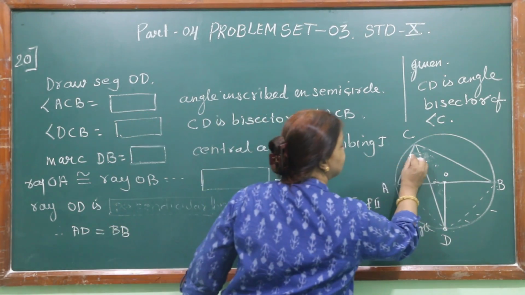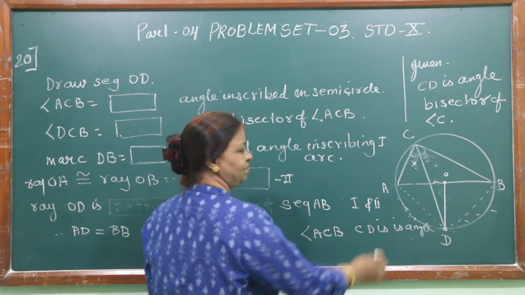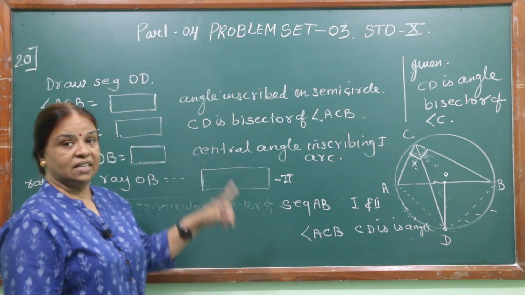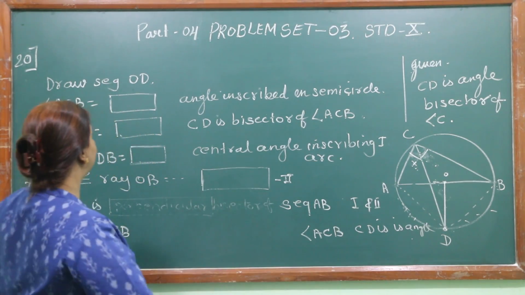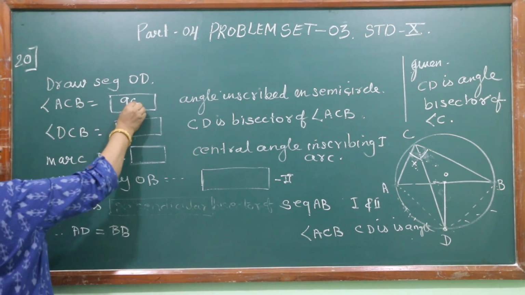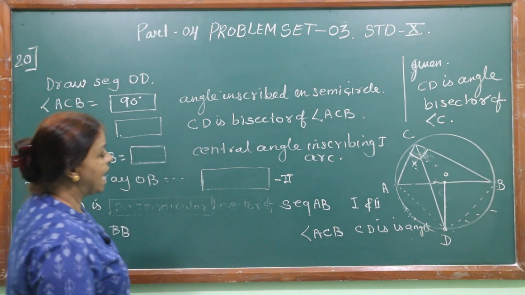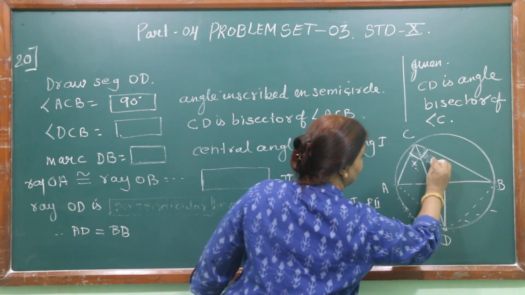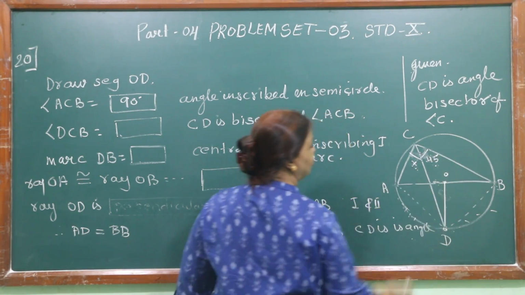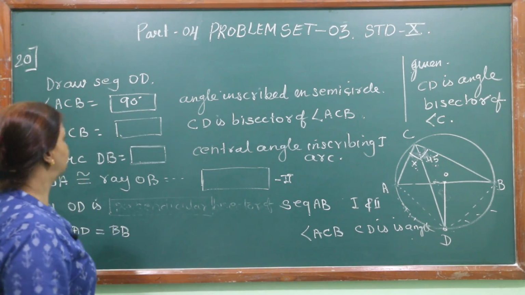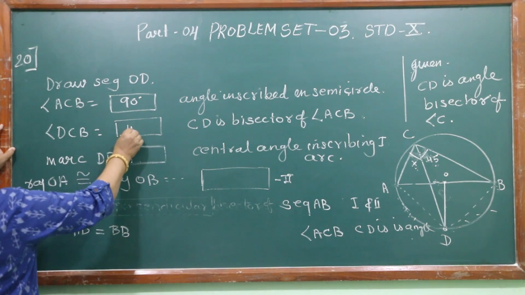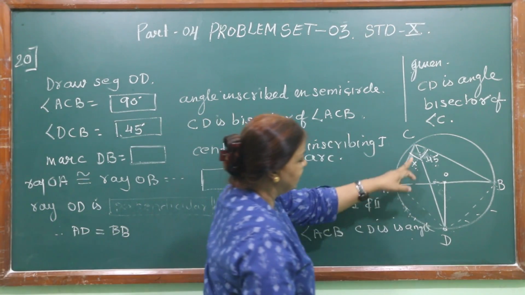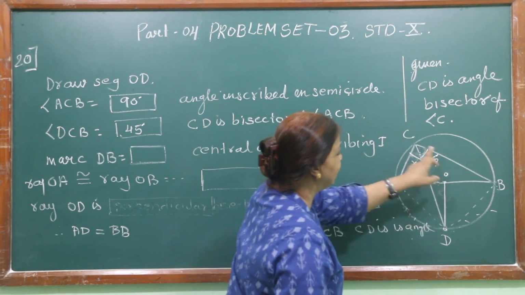So angle ACB is 90 degrees, children. Yes or no? Since it is inscribed in a semicircle, it is going to be 90 degrees. Now angle DCB will be 45 degrees, half of it, because CD is the bisector of angle ACB.